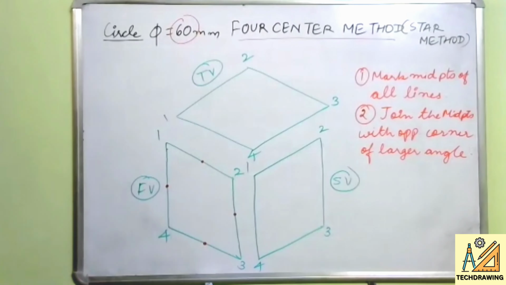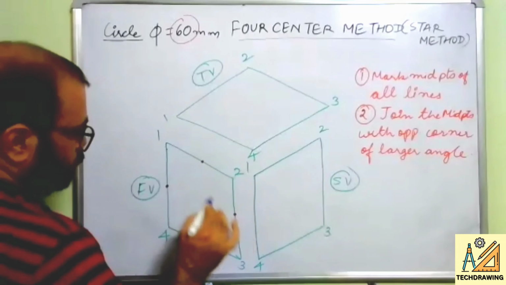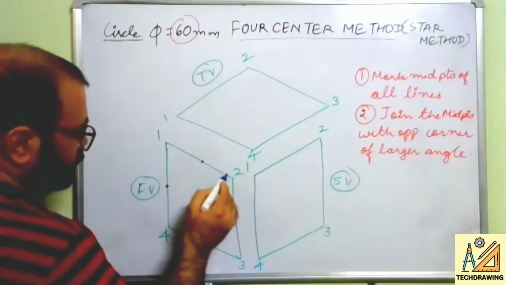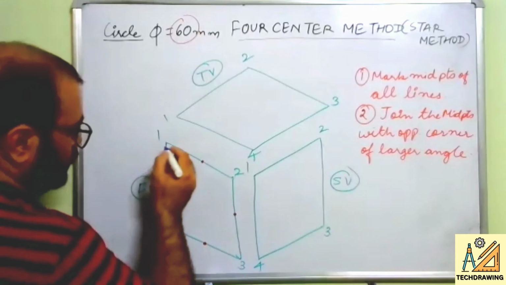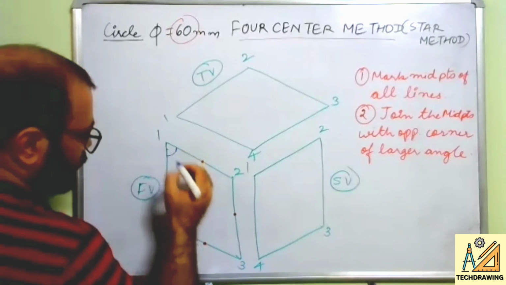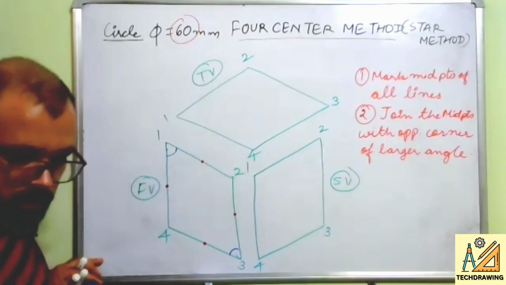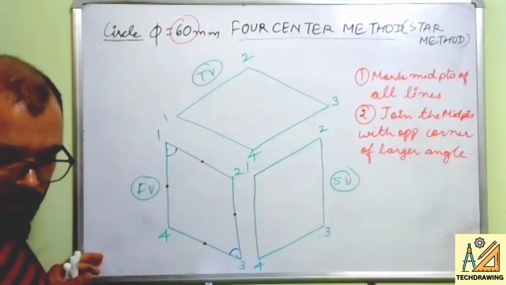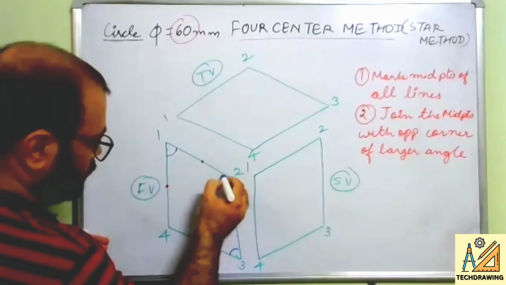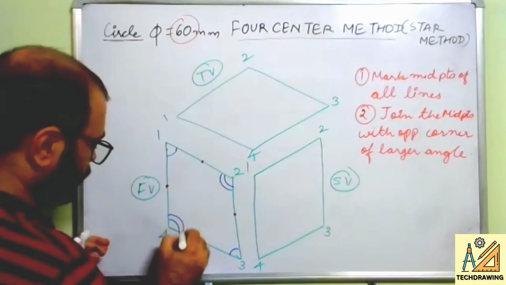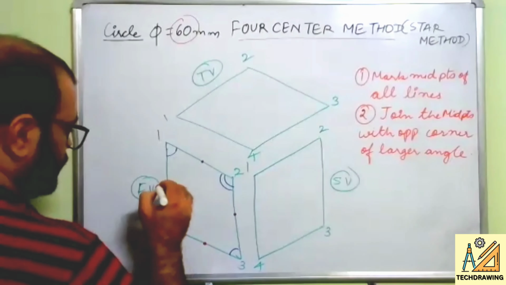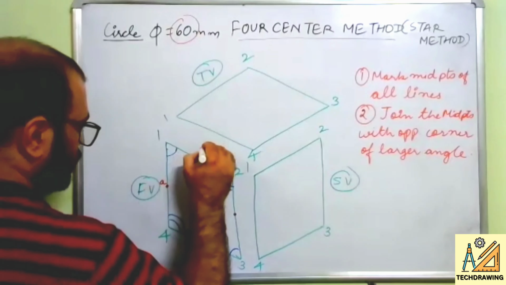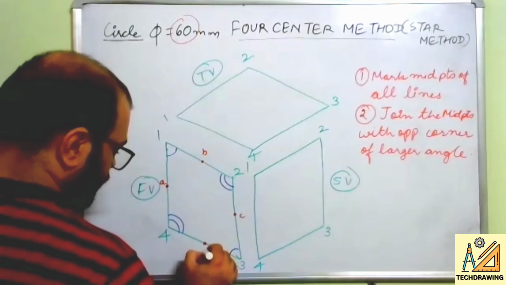Now, what do I mean by this? There are 4 corners, 1, 2, 3, and 4. These two angles are equal, 1 and 3 are equal, 2 and 4 are equal, right? Let us say the midpoints are A, B, C, and D.